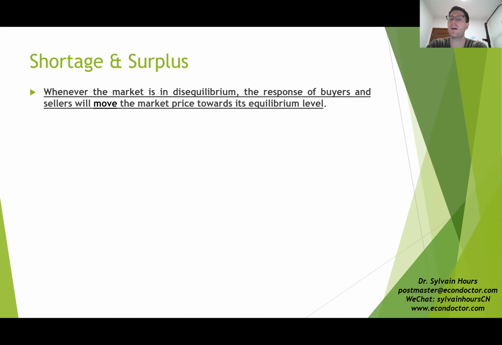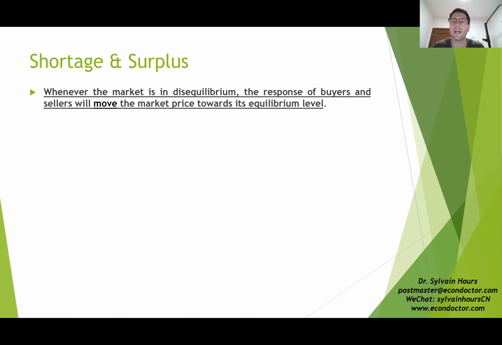Now, what is a bit more interesting is to understand the process that is going to help the market get back to equilibrium whenever we have a surplus or a shortage. Because we often say, if we have a shortage, the price will go up, and if we have a surplus, the price will go down.